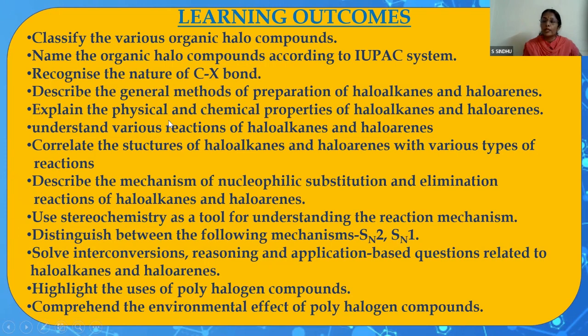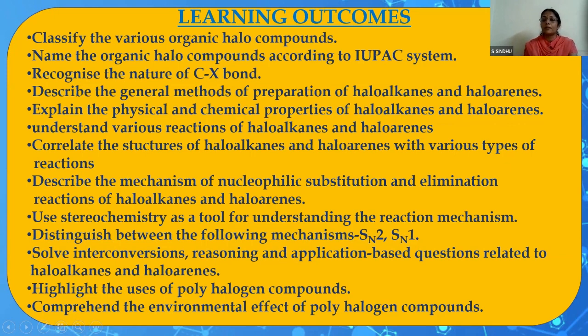Physical properties, basically the boiling point variation, then melting point in aromatic haloarenes, then coming on to solubility, and understand the various reactions of the structures and correlate the structures of haloalkanes and haloarenes with the various properties.